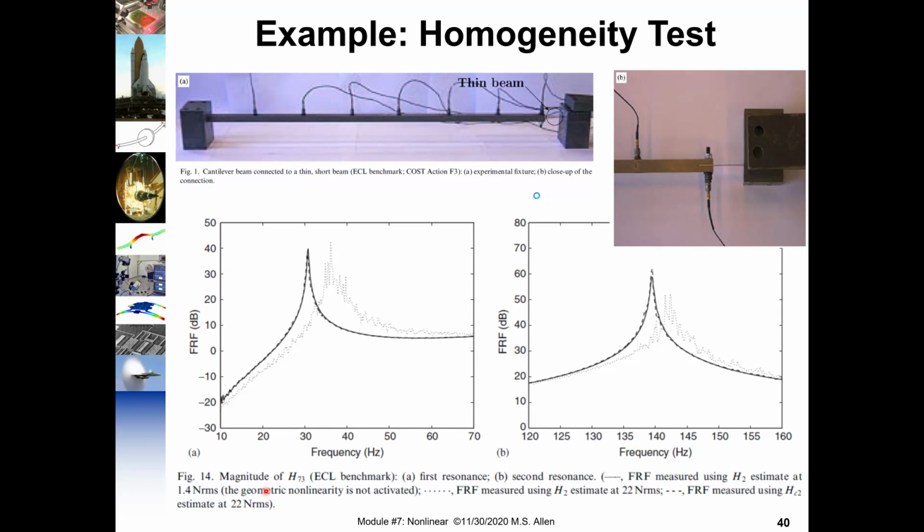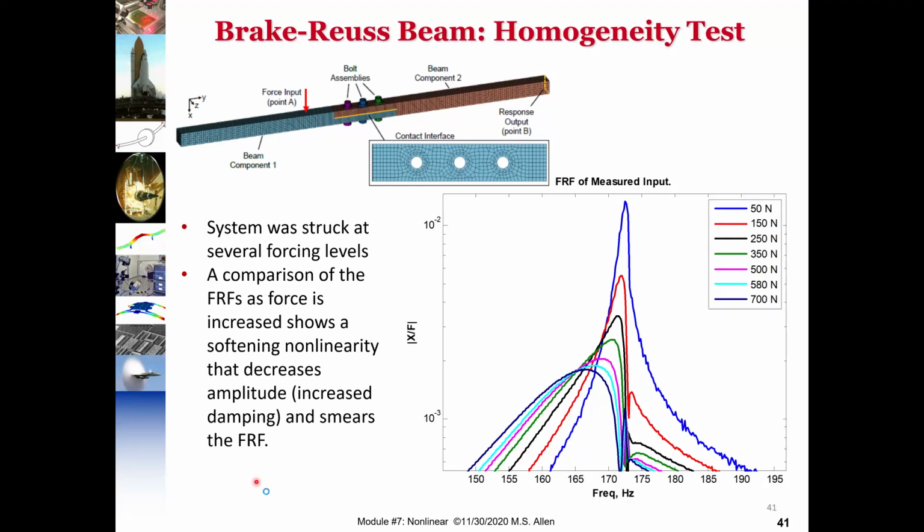So that's the most basic approach. Just check consistency. You can do this with the hammer as well, just hit at different amplitudes. Here's an example of what this looked like for a bolted structure. We had 3 bolts on a beam, and hitting it at different peak force levels.